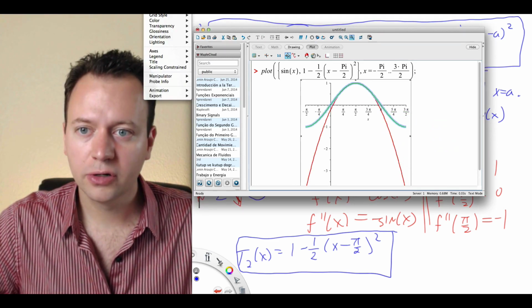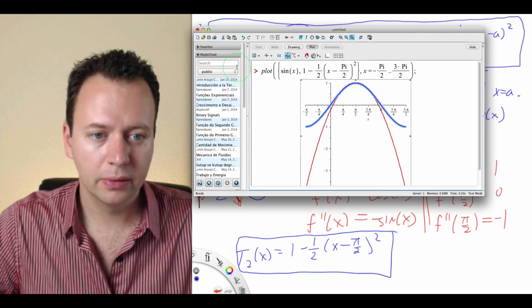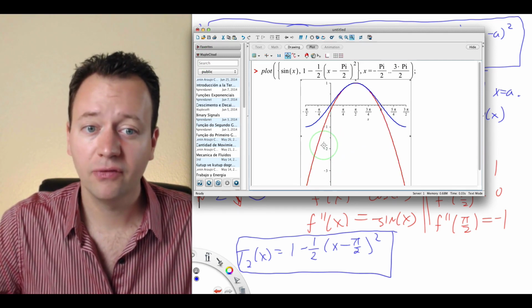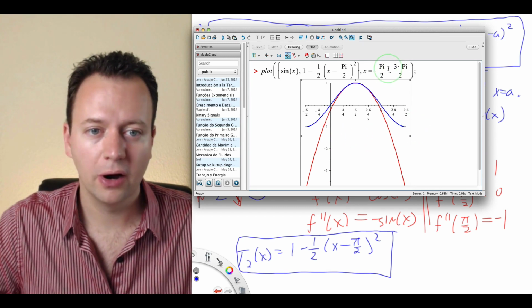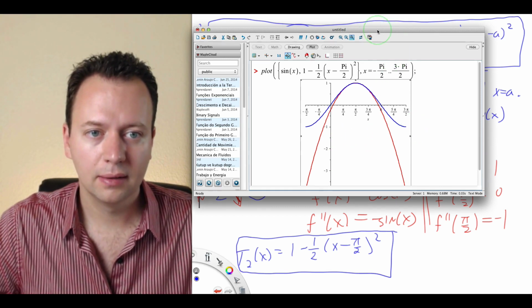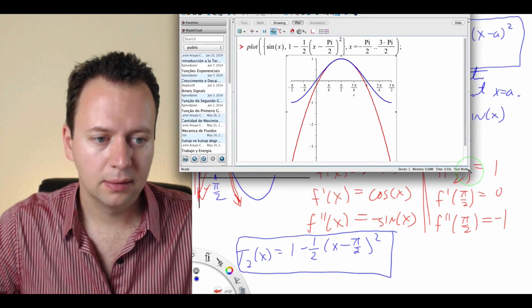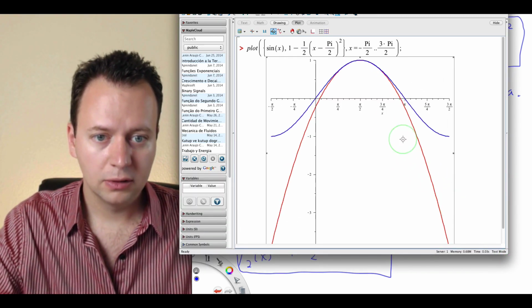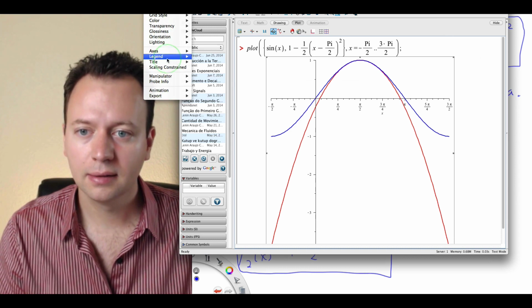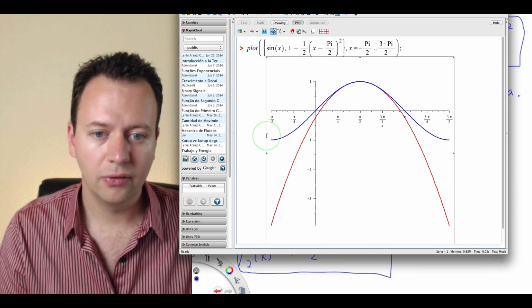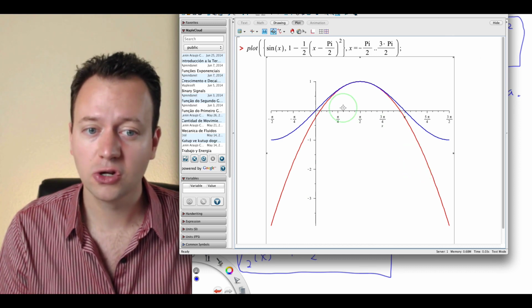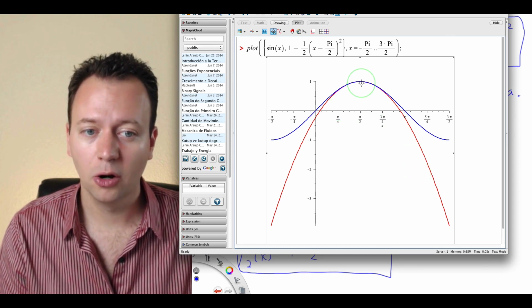The sine function we'll make in blue, and this function, 1 minus 1/2 x minus pi over 2 squared, is in red. So here's the sine function, and there's the best quadratic approximation to sine of x near pi over 2.